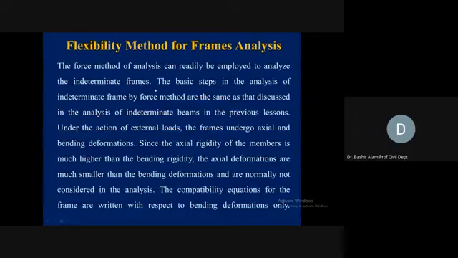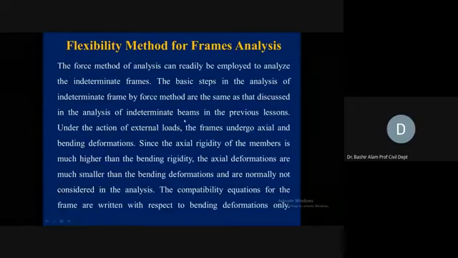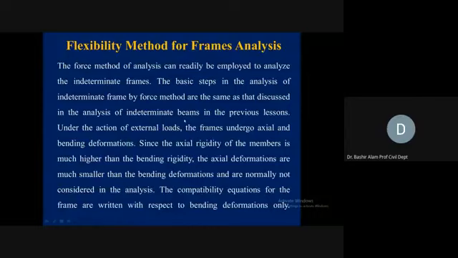The force method of analysis can readily be employed to analyze the indeterminate frames. The basic steps in the analysis of indeterminate frames by force method are the same as that discussed in the analysis of indeterminate beams in the previous lessons.